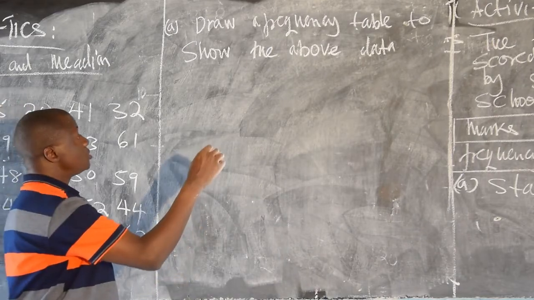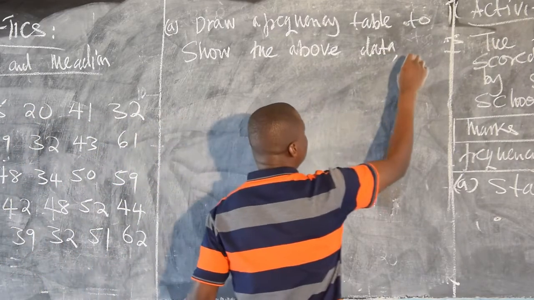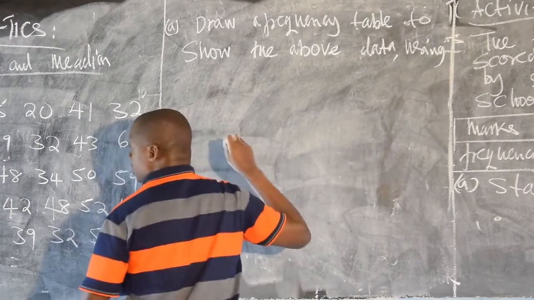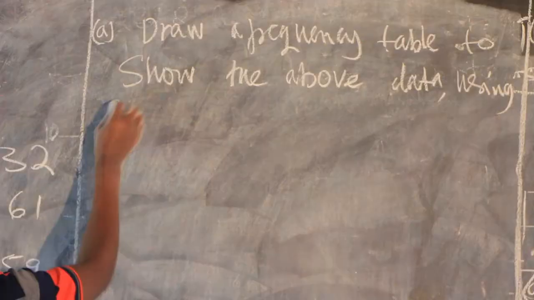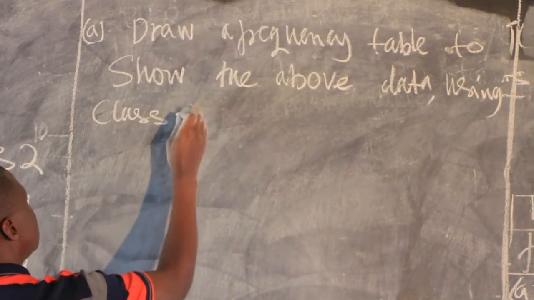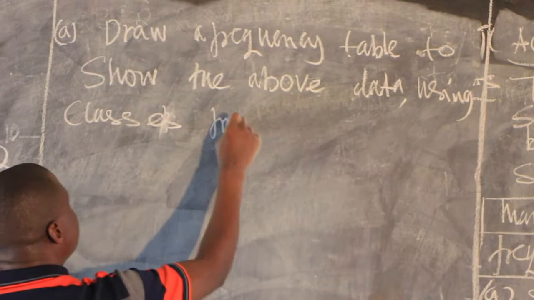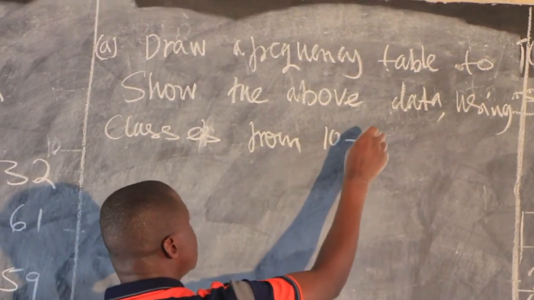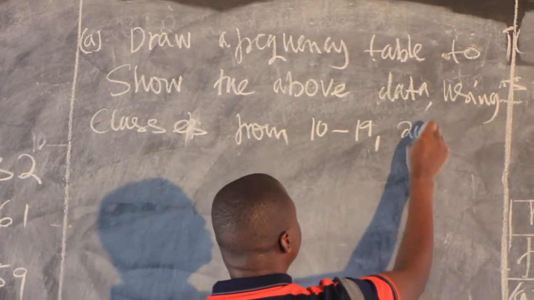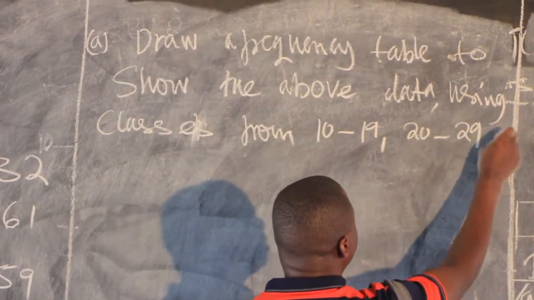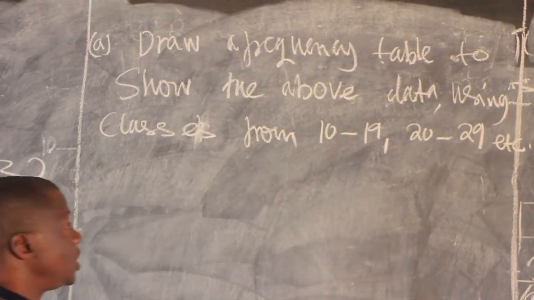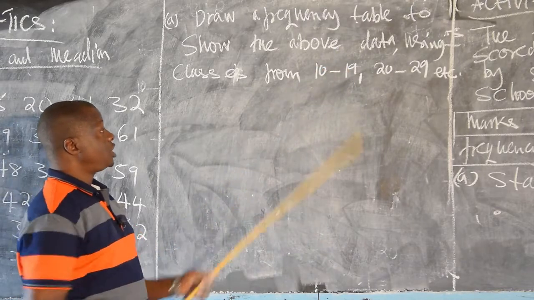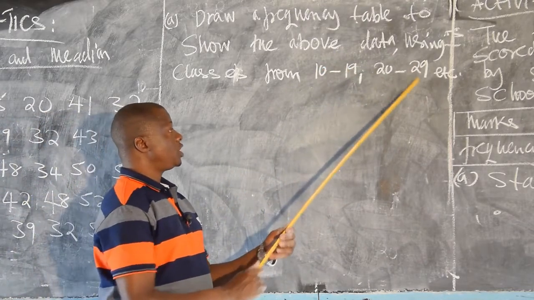Then part B, the above data is grouped data using classes from 10 to 19, 20 to 29, etc. For grouped data, we read this one as 10 to 19, 20 to 29.